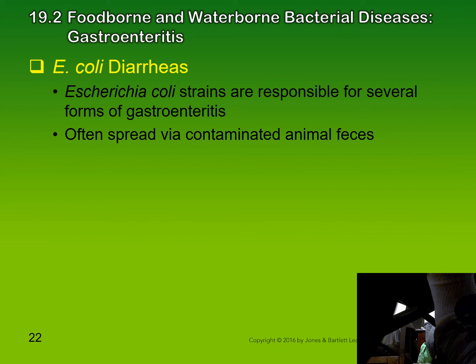If you have, say, a raw carrot, that carrot obviously had to be grown in a field. If an animal was in the field and did its duty there, you could very easily spread some of that fecal material onto the carrots. And so if the carrots aren't washed properly and you eat them raw, you could definitely be getting some of that fecal material on the carrot.